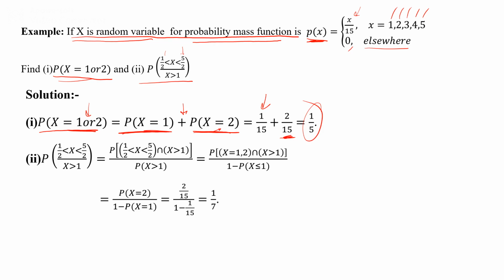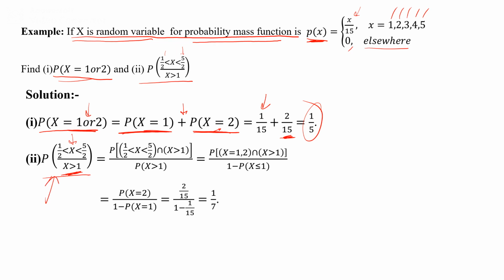Now the second part, we have to find the probability when x lies between 1 by 2 and 5 by 2 given that x is greater than 1. So this is a conditional probability.